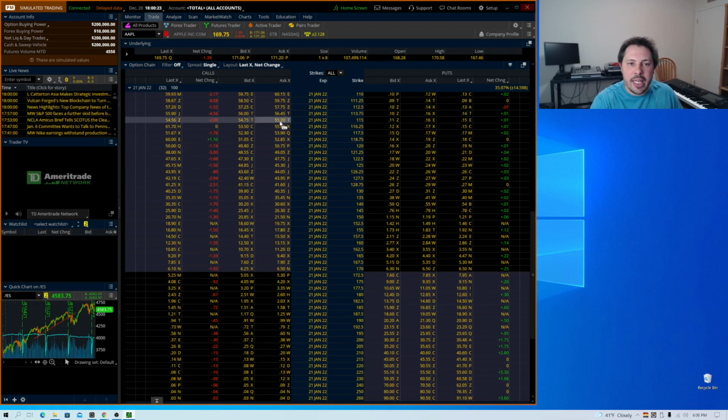Okay, so again, for the calls, when the underlying asset is above the call price, that option is in the money. And for the puts, when the underlying asset is below the strike price of the put, those puts would be in the money.